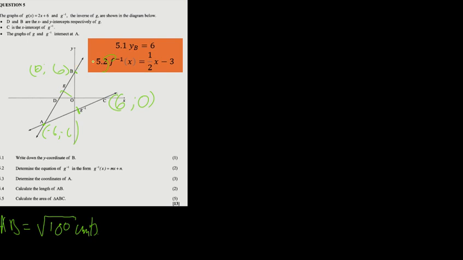Now the formula for the area of a triangle is 1 over 2 base times perpendicular height. It's half base times perpendicular height equal to area of triangle. So for triangle ABC, I will treat my BC as my baseline here. So I need to find the length of BC.